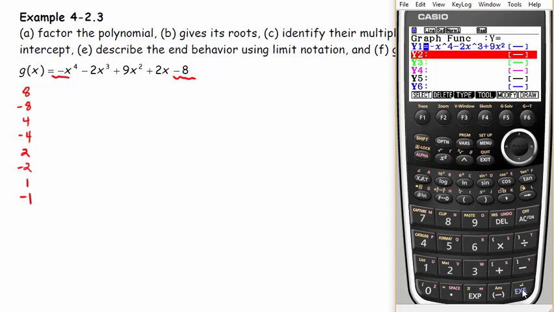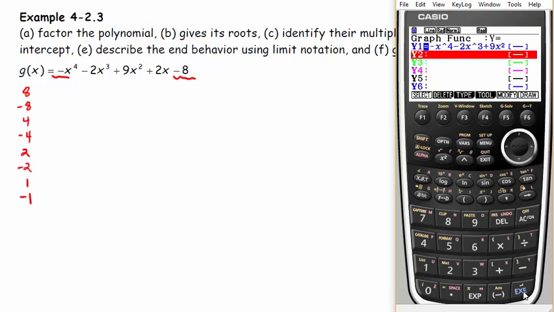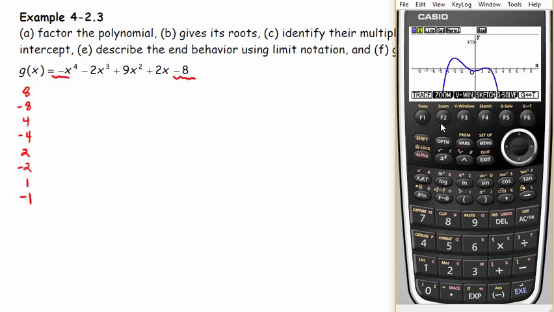Alright, now I need to think about a window. My smallest potential root is negative 8. My largest is 8. So to make sure I get those in the window, I'm going to go negative 9 to 9 and do a zoom auto.